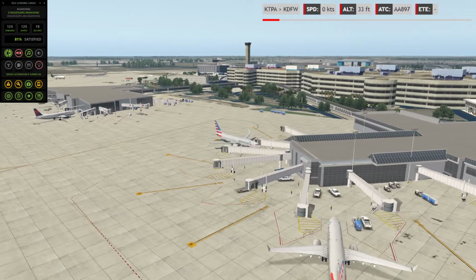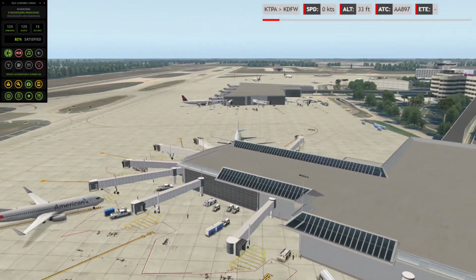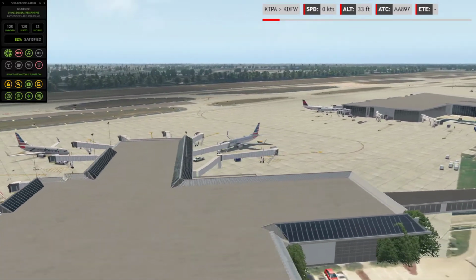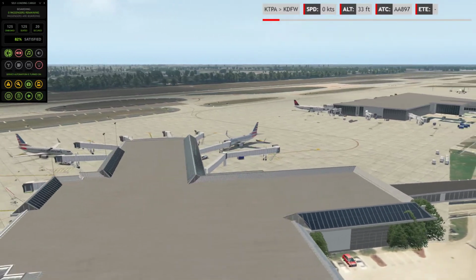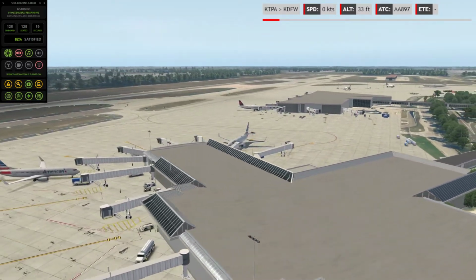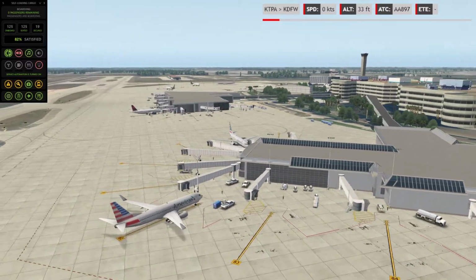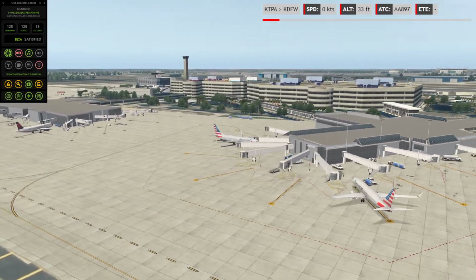And today we are going to be flying to Dallas Fort Worth. And I also have a payware scenery for Dallas, so that is very exciting. We basically have two airports today that are payware.